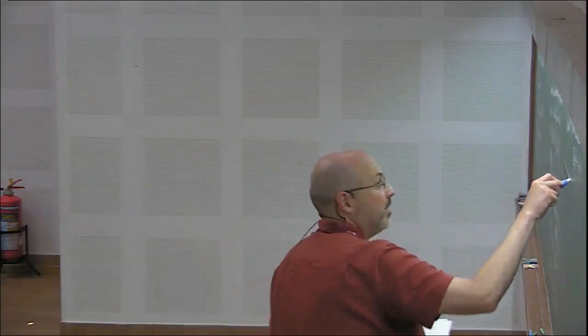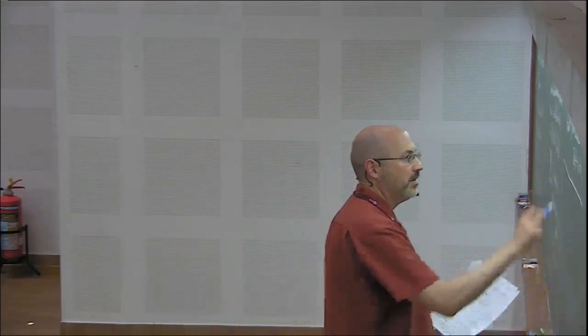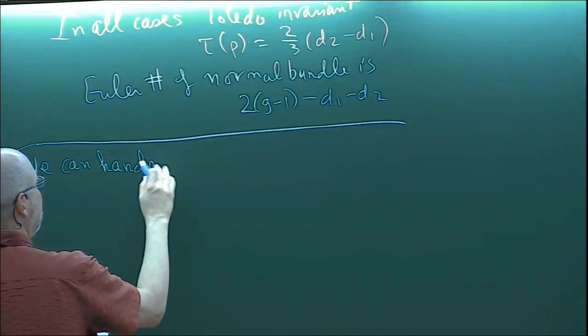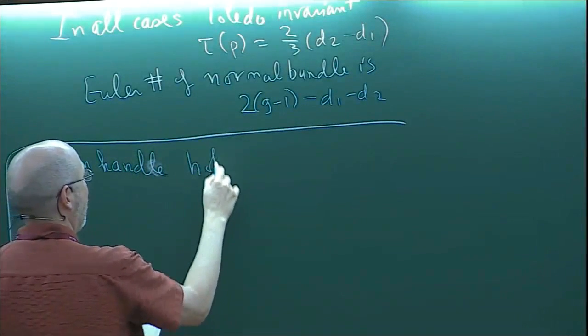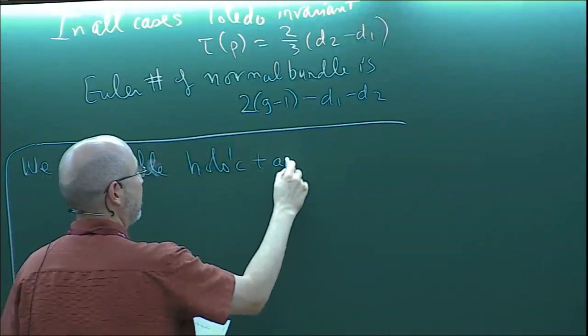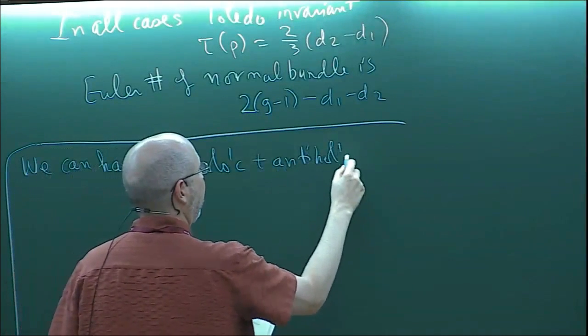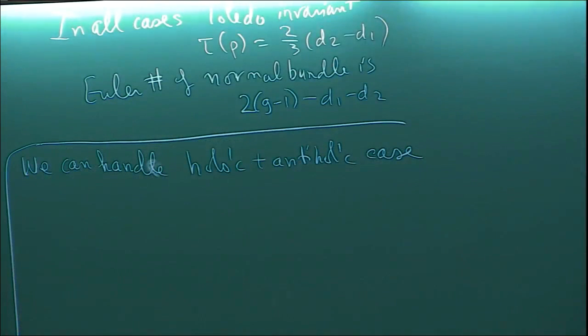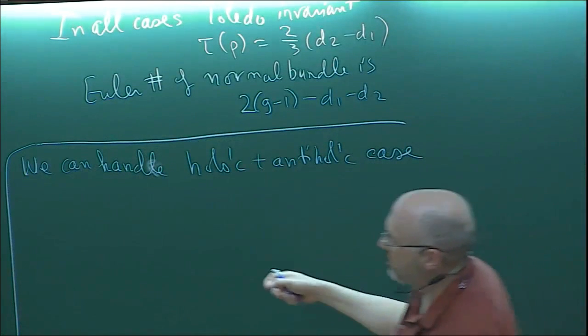So I should remark that I think of this as our main theorem, but we can handle the holomorphic and anti-holomorphic case. And you get a similar description, but there aren't going to be these divisors.